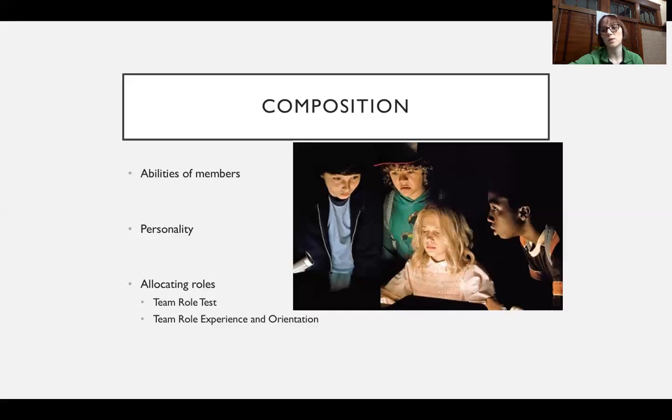But researchers have also expanded upon team understanding of roles as well as their orientation to different roles and developed the TREO, or Team Role Experience and Orientation Measure. This gets at people's orientations, their past behaviors, and their dispositions and knowledge toward different roles and toward working in the team.